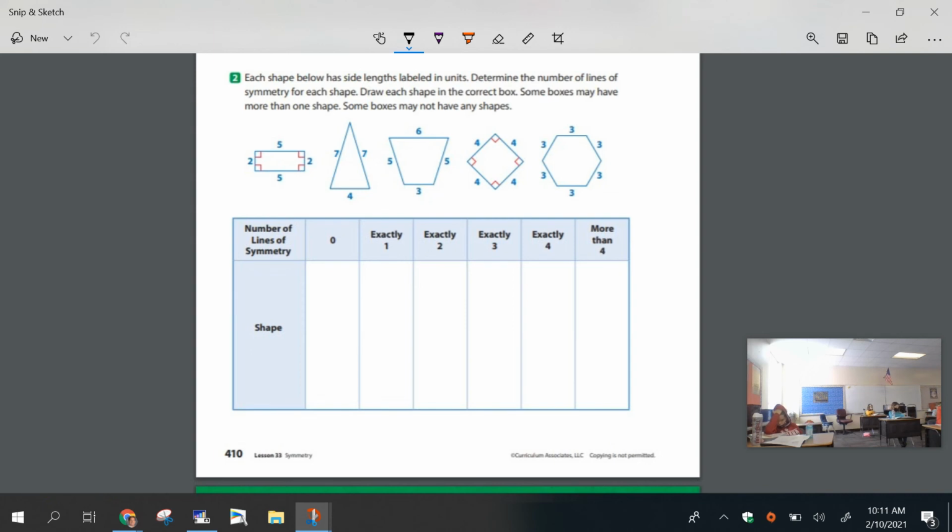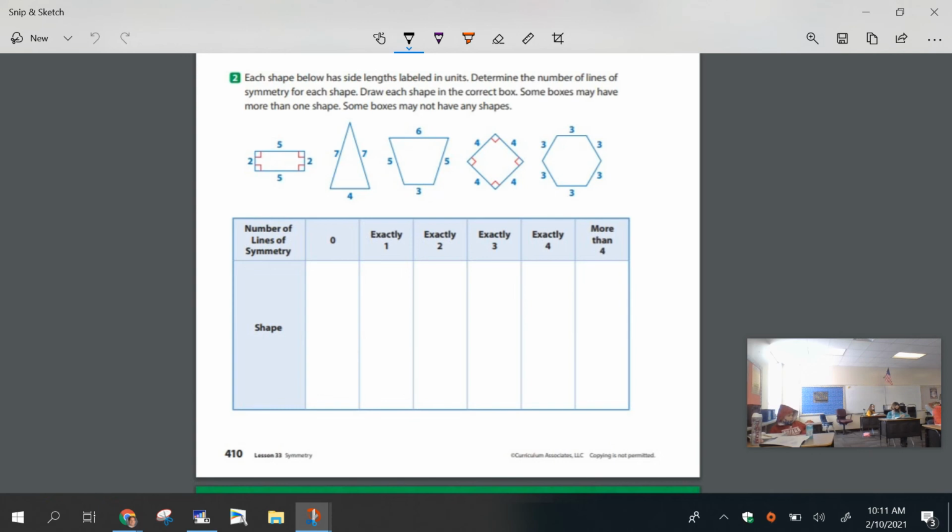Exactly three. Which one has exactly three? Sam. What did you write down that had exactly three? Yeah, nothing. That's exactly correct.